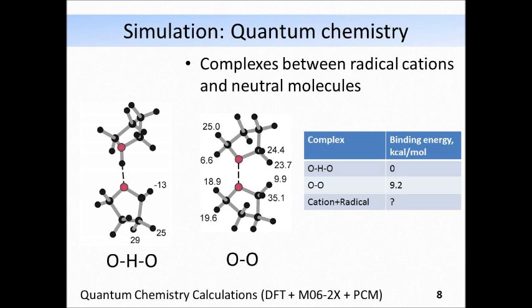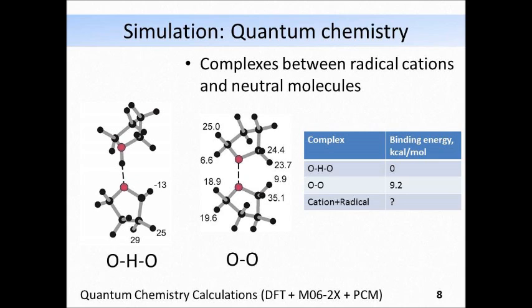To clarify the structure of the observed particles, quantum chemical calculations were made. We have used density functional theory. We use the M06-2X functional, and we also use a polarizable continuum model to take into account the solution.